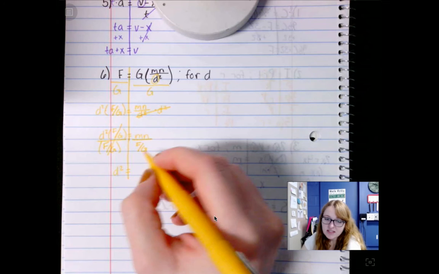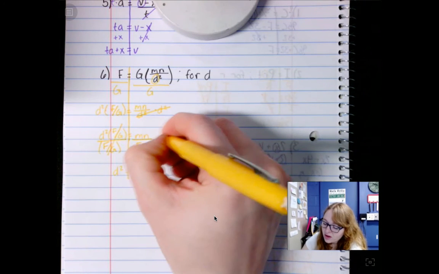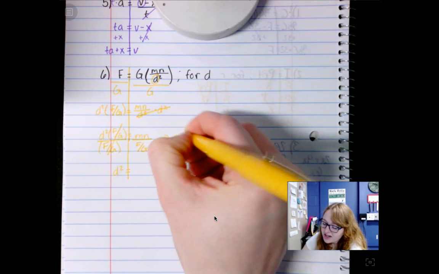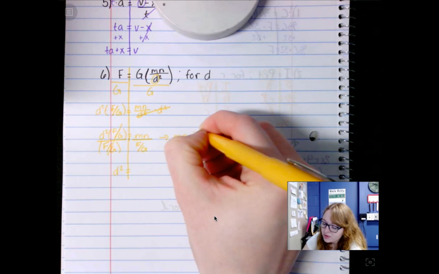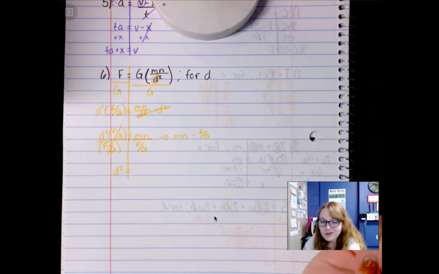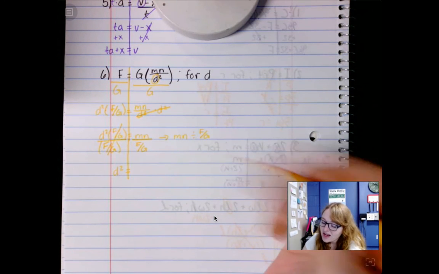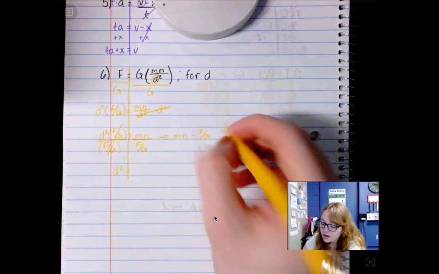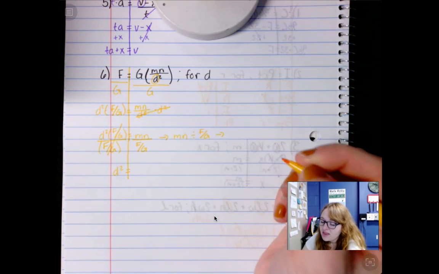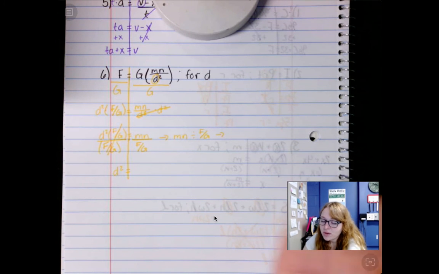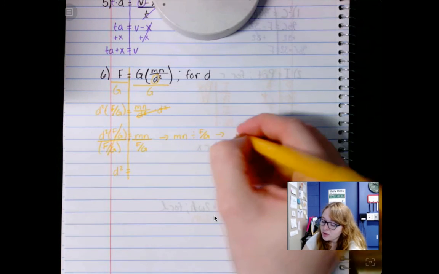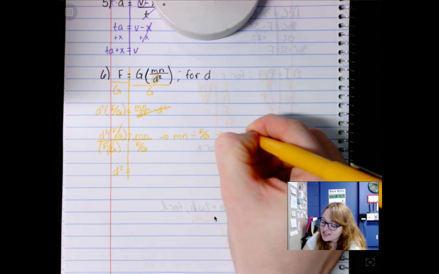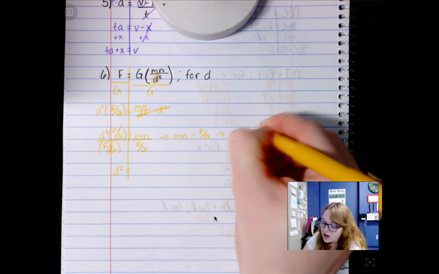Now, instead of leaving this as a fraction over a fraction, I'm going to first write it with our division symbol. And that kind of looks a little better. But it's still saying the same thing, m times n divided by f divided by g. So we know that when we divide by a fraction, we're really multiplying by our reciprocal. So we have mn times g over f.